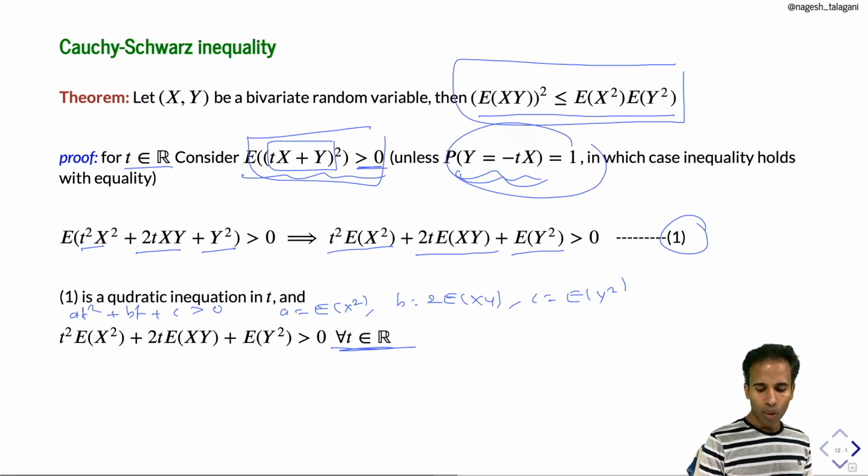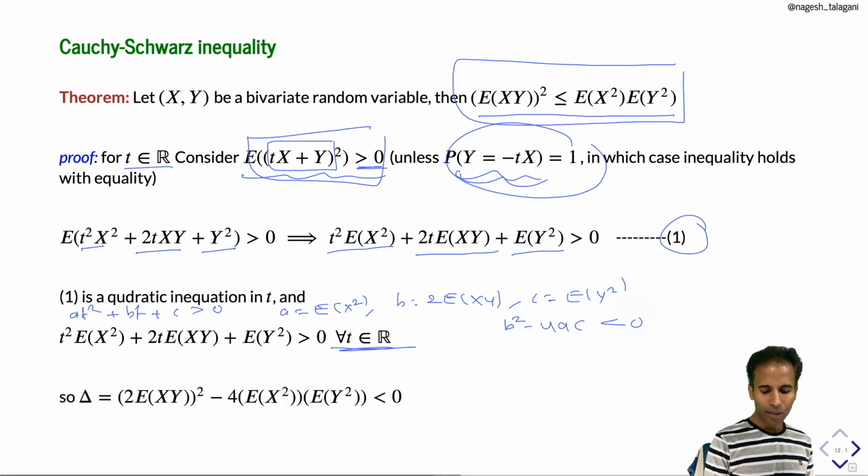That happens only when the discriminant, that is b square minus 4ac, is negative. So what is b square minus 4ac? Here the discriminant delta, b means 2 times the expectation of xy, so 2 times the expectation of xy whole square minus 4ac, 4 times the expectation of x square times the expectation of y square, is negative.